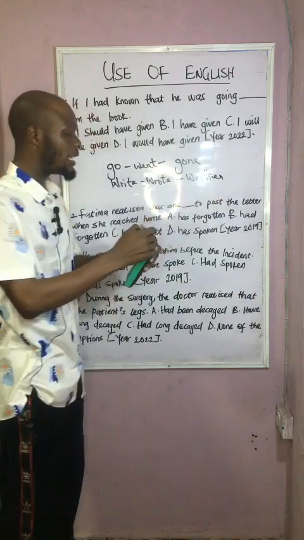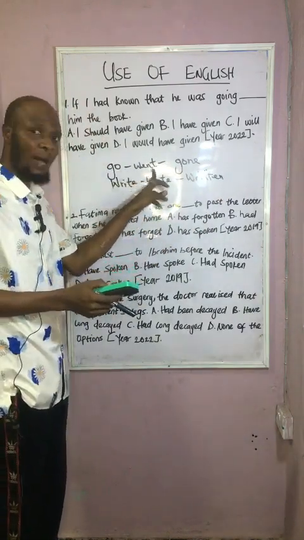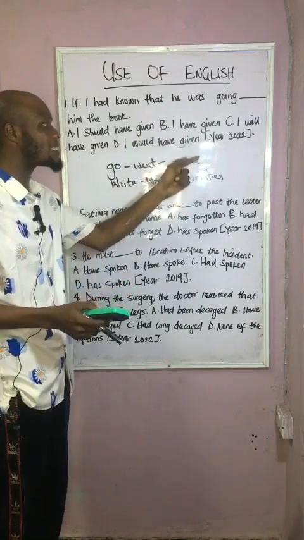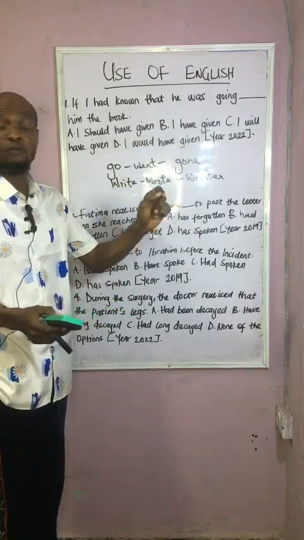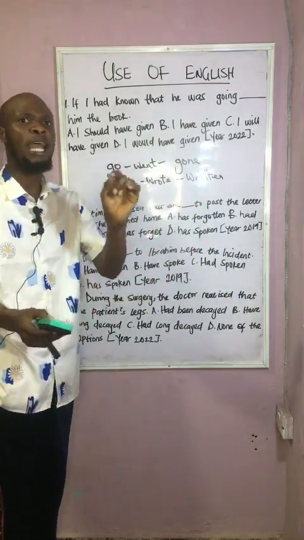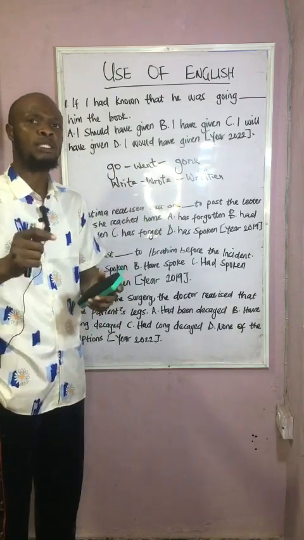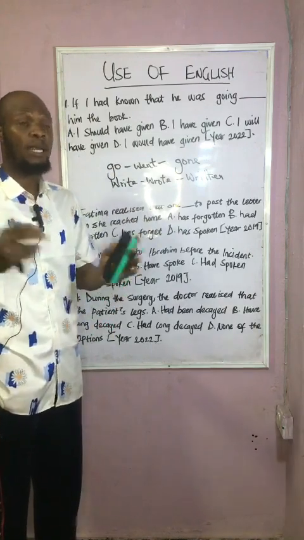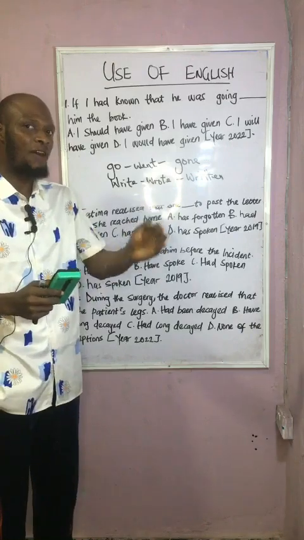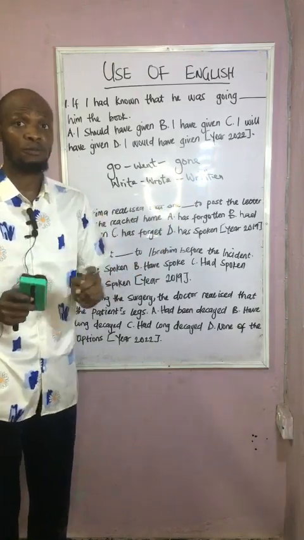Am I communicating? This item here, which is the present, the past, and the past participle: has, have, and had must be followed by a participle verb. Therefore, the first rule is that if there is to be a choice between verbs that follow has, have, and had, it must be a past participle verb.